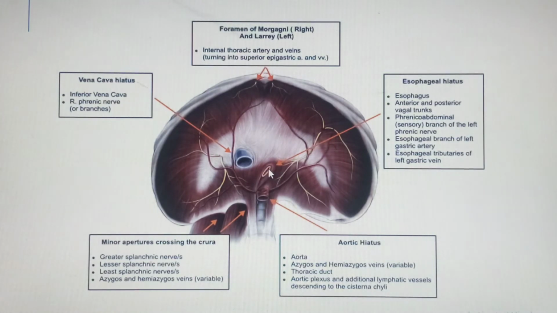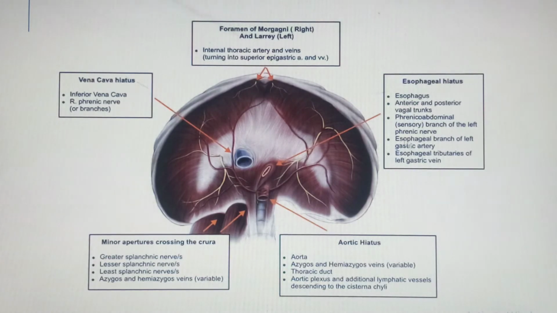Now over here, there's the esophagus. If you spell oesophagus, O-E-S-O-P-H-A-G-U-S, the British way, you realize it is a 10-letter word.